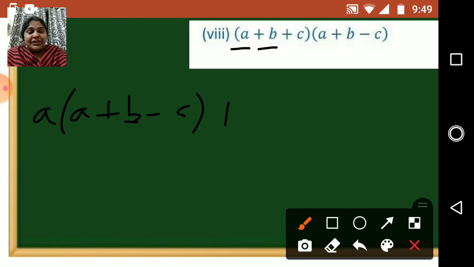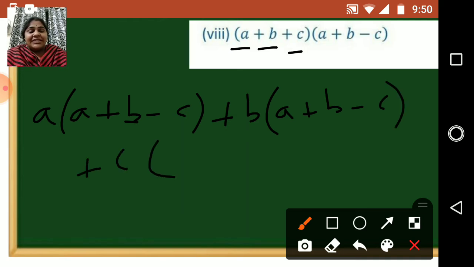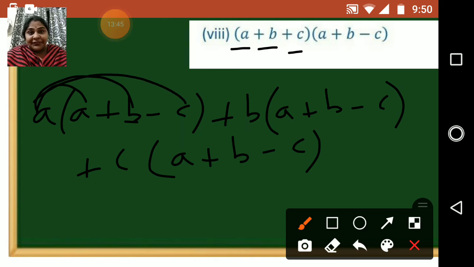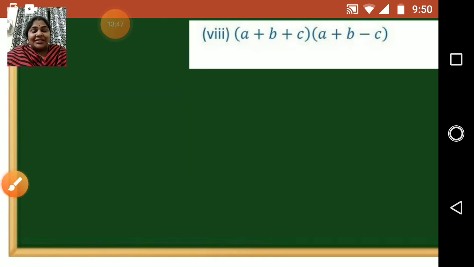Again plus b multiplied by a plus b minus c, that is the second bracket. Again plus c multiplied by the second bracket, that is a plus b minus c. And then keep on multiplying each and every term. So let us see the solution.